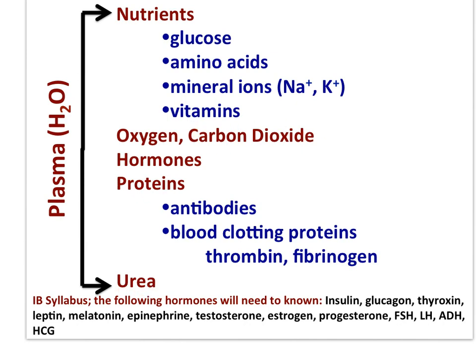Carbon dioxide and urea are metabolic waste products transported from body cells to external exchange surfaces where they can be eliminated from the body. Among the blood proteins are antibodies secreted by B cell lymphocytes, and there are soluble proteins in the blood that are involved in blood clotting, and these are thrombin and fibrinogen.